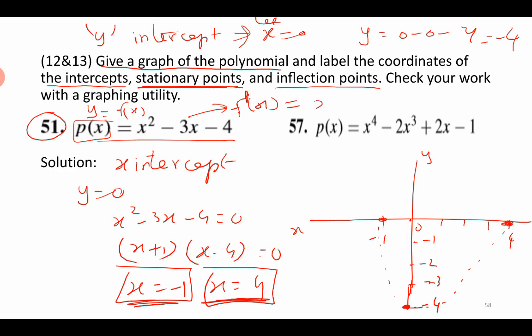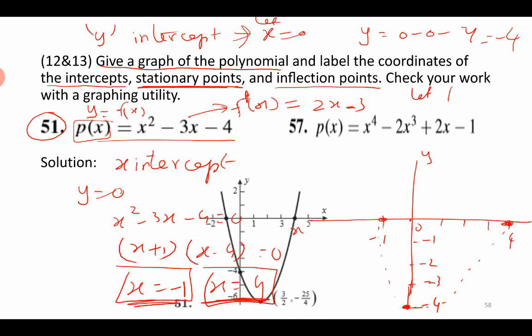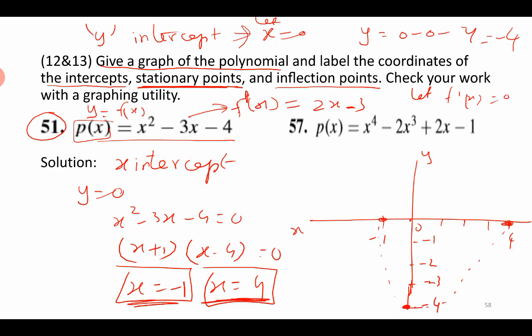Differentiate it: 2x minus 3. So let first derivative equal 0. What do you get? 2x minus 3 is 0. 2x is equal to 3. x is equal to 3 over 2, 1.5.